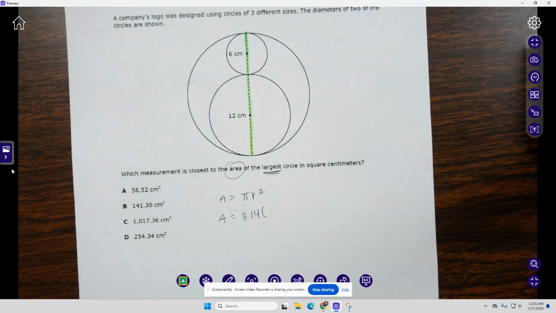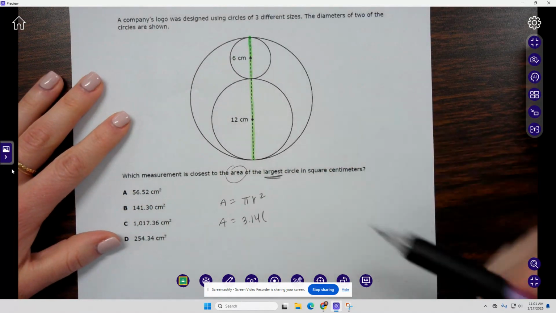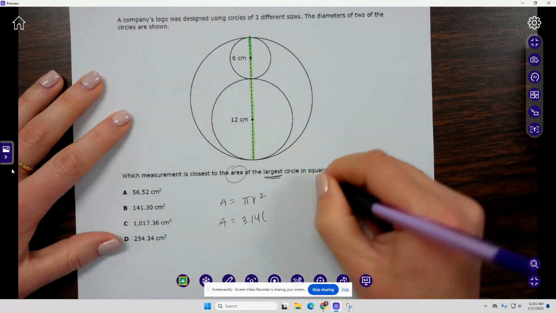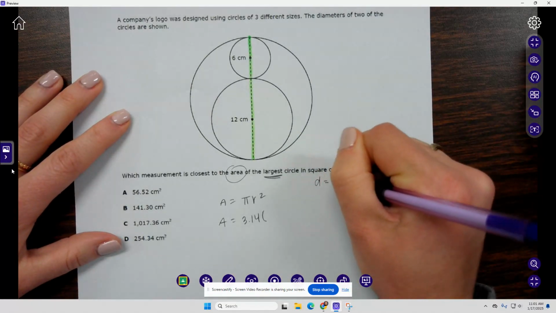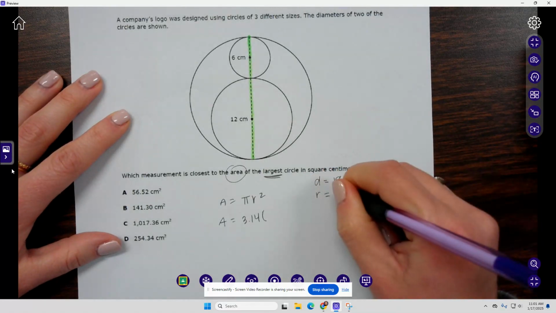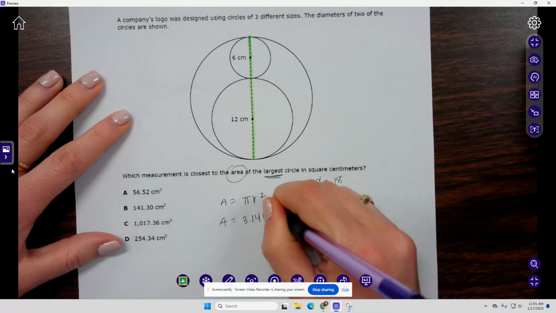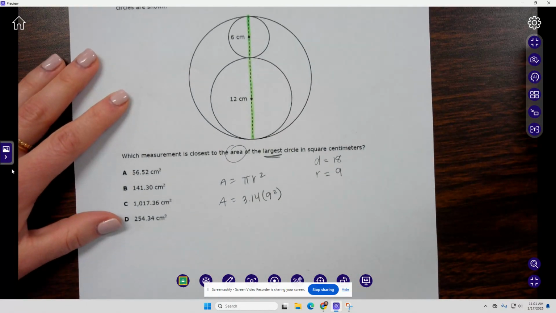And if we see from the 2 smaller circles that it's 12 plus 6 to get the diameter of the large circle. So the diameter of the large circle is 12 plus 6, which is 18. So if the diameter is 18, I'm going to divide that by 2 to get the radius. So my radius is 9.